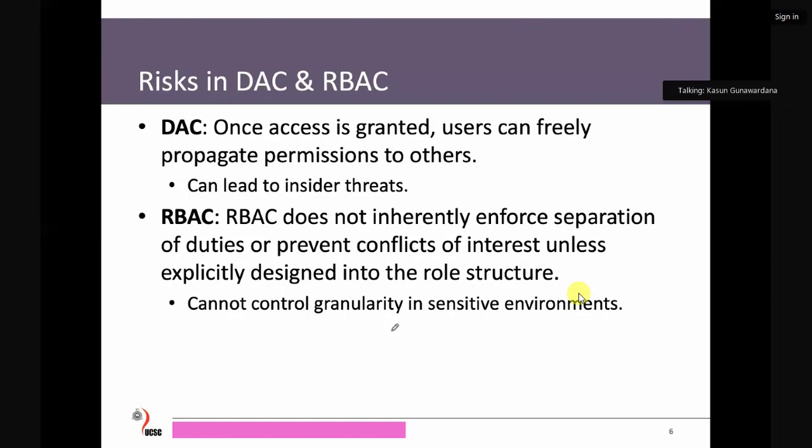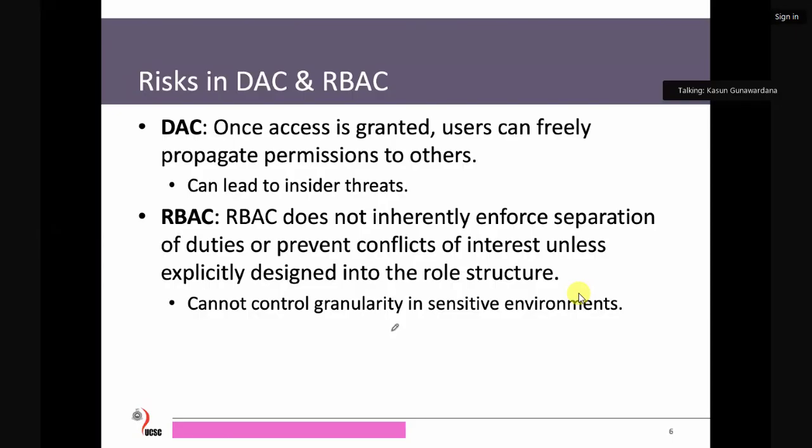The problem is that users may potentially hold multiple roles that have conflicts. This might lead to abuse or security breaches. Just imagine a user who both approves and audits transactions. If such roles are assigned to the same user, that might be a huge problem.